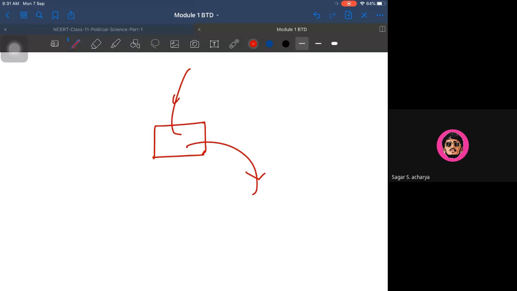What are the different things that you can exchange with the system? Energy and mass. That's it, nothing other than that. The first thing is energy and the second thing is mass. So only these two factors can be interchanged between the system and the surroundings.